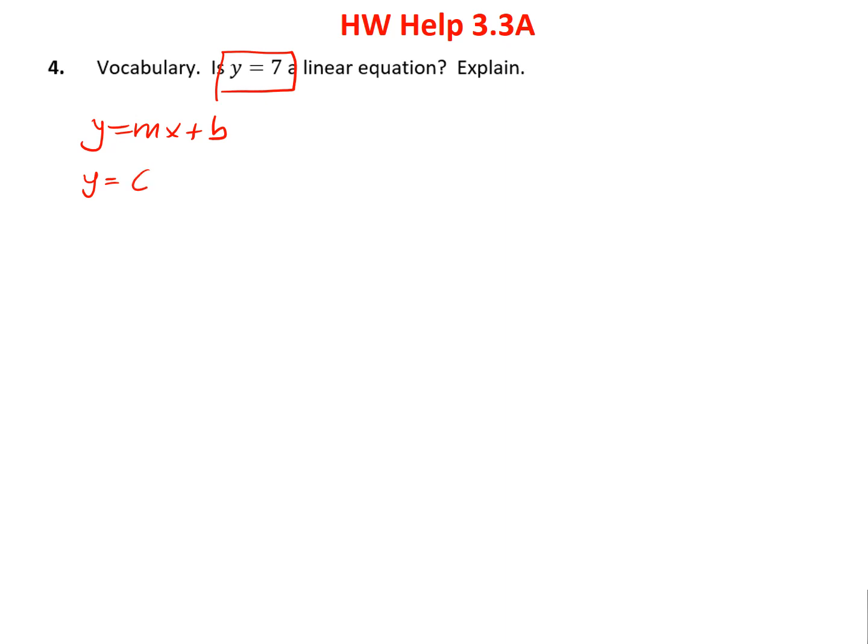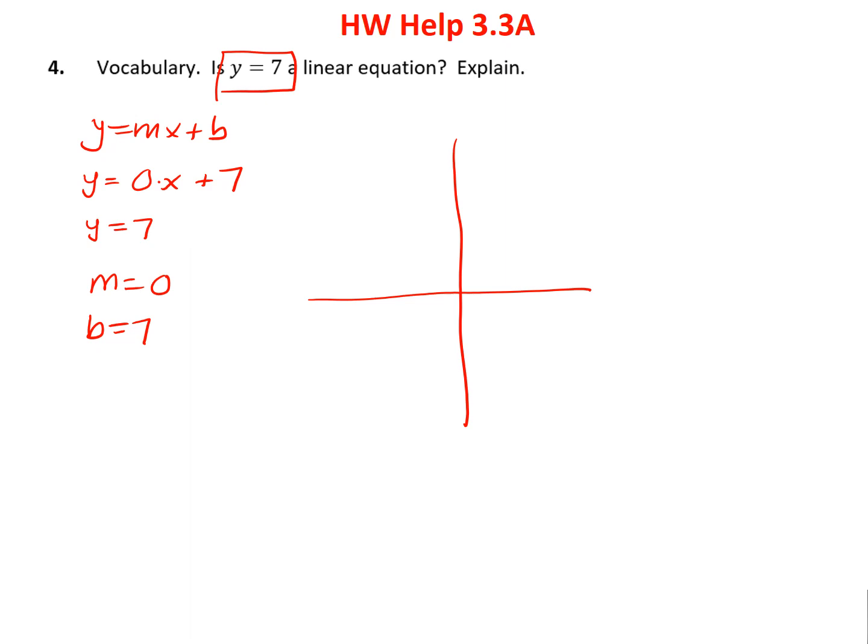What if the slope is 0? 0 times x plus 7. Notice 0x would be 0, simply y equals 7. In other words, it is a linear function. It has a slope of 0 and a y-intercept of 7. So if you looked on a graph, the y-intercept would be up here at 7. 1, 2, 3, 4, 5, 6, 7.